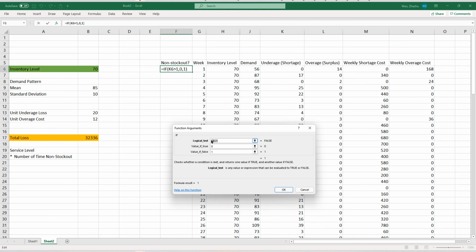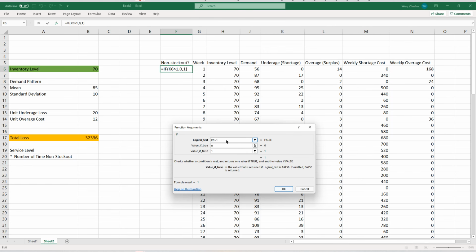If the underage is true, that's not what we're looking for. We're looking for non-stockout. Therefore, if it's false, we'd like to have 1.